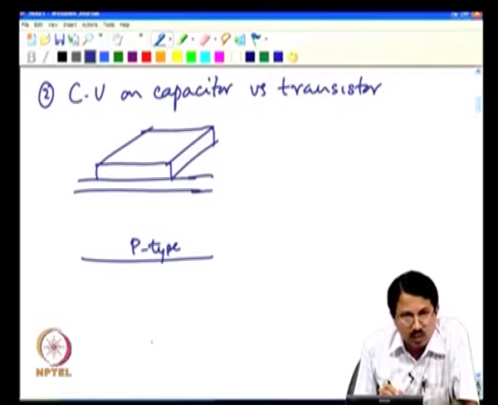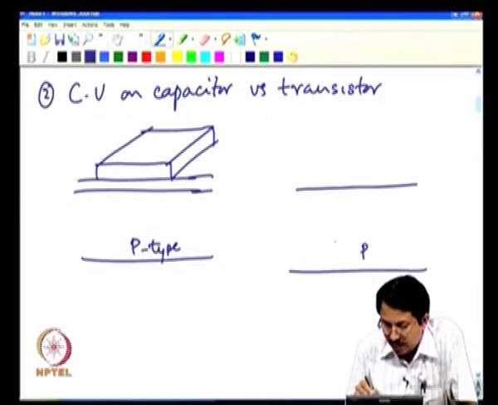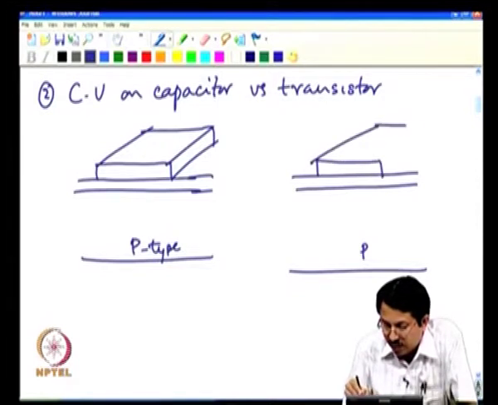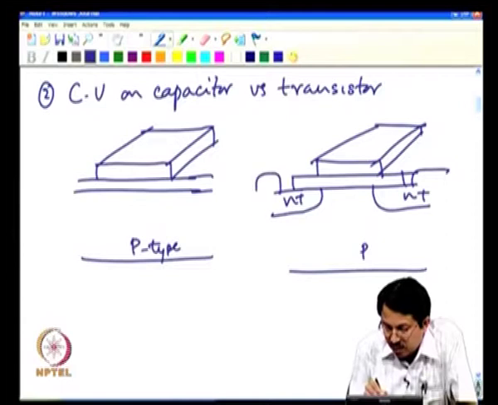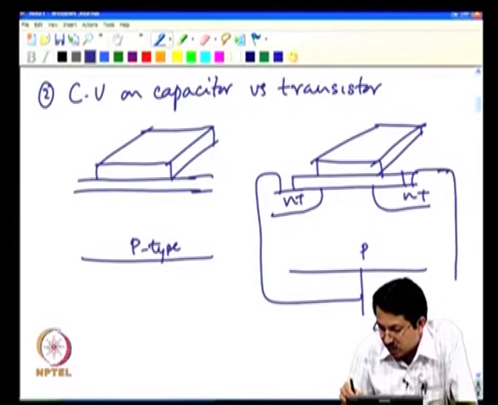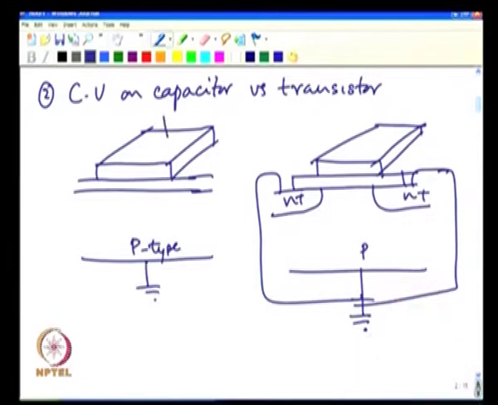Now, this is essentially a 2 terminal capacitance device, and you have another device wherein everything looks the same. You have similar gate area and all that, but in addition you have also made junctions here, n plus, and there are contacts to the junctions as well, and let us say we have connected all these together, whereas here this is the low point and this is Vg.